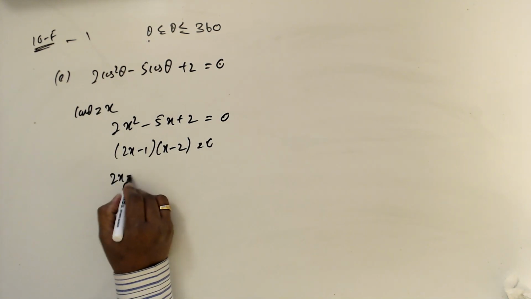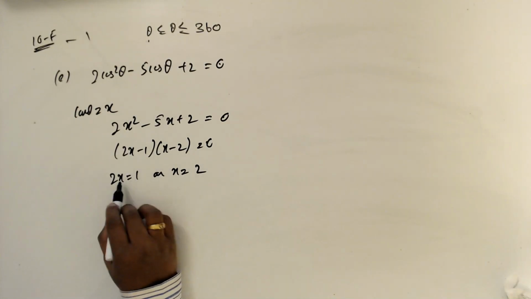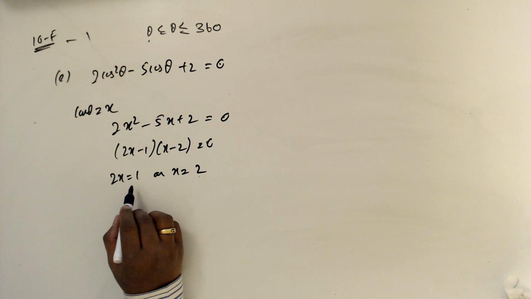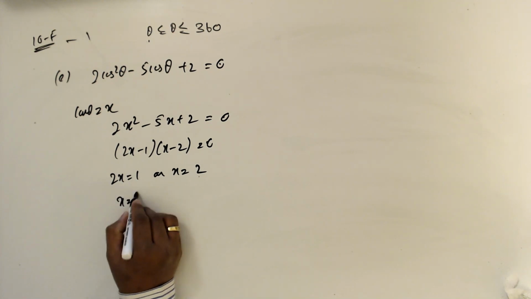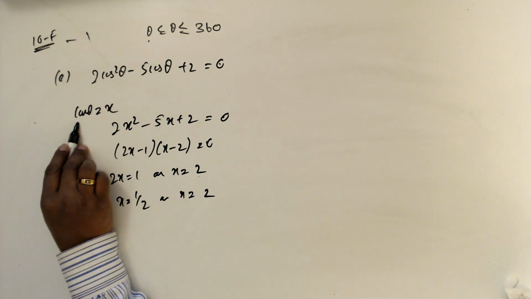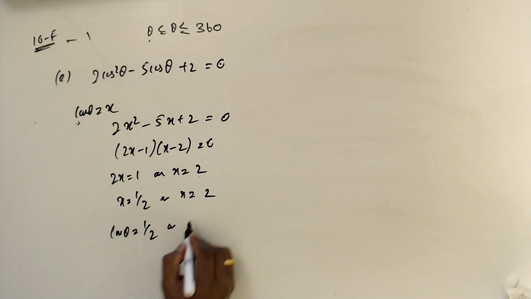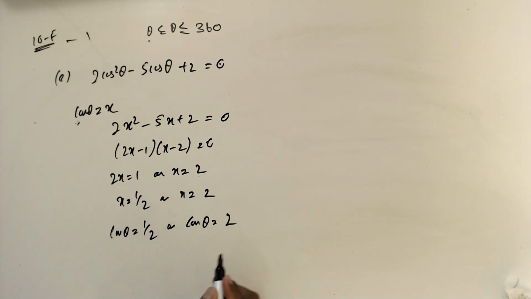So 2x equals 1 or x equals 2. For x there are solutions, but okay. So x equals half or x equals 2. What is x now? x is cos theta. So cos theta is half or cos theta is 2.